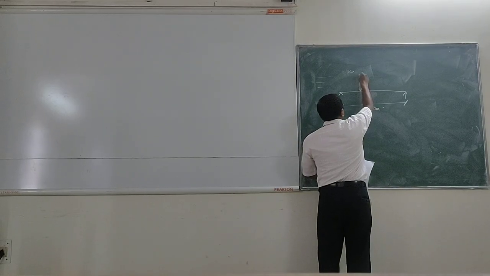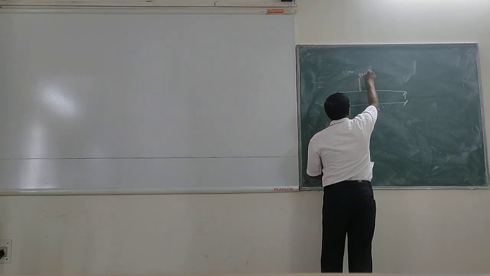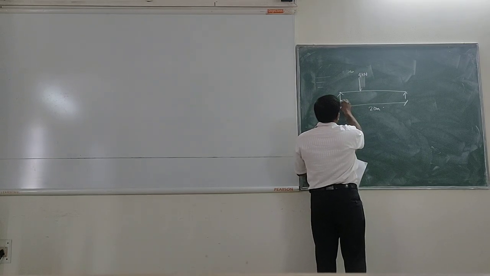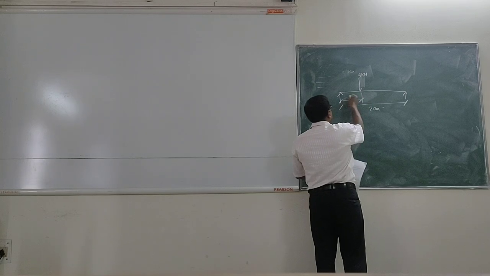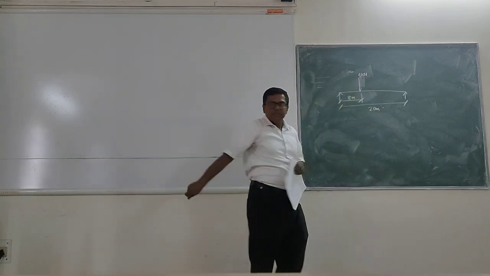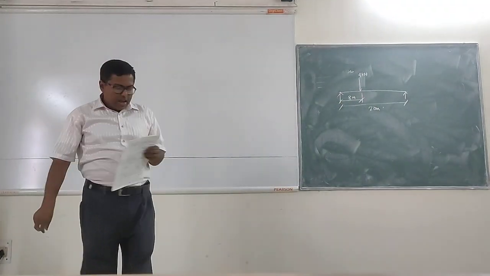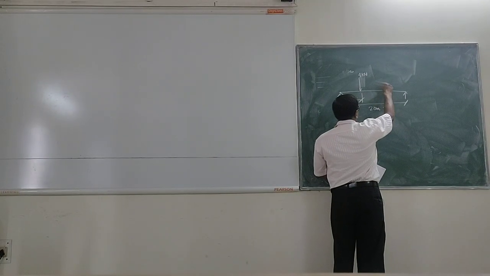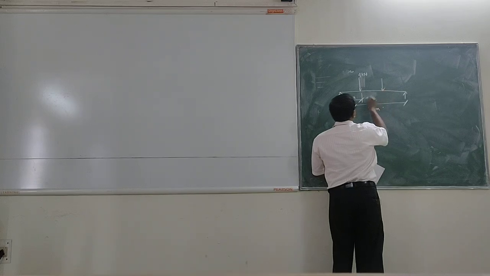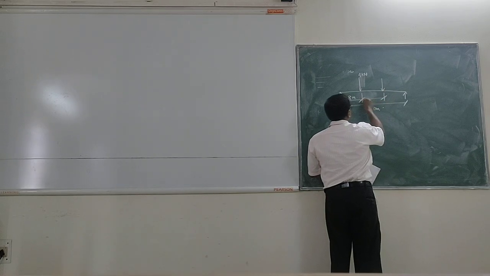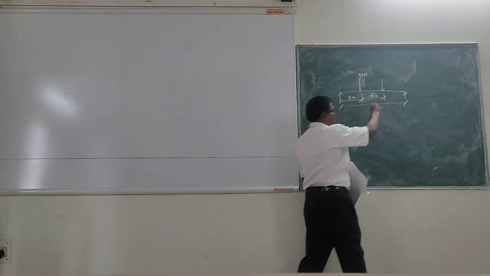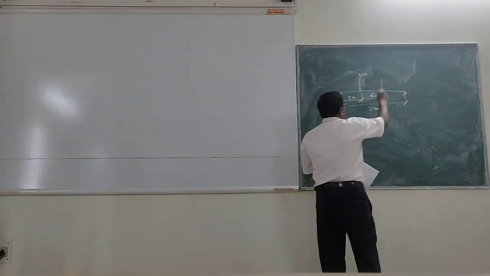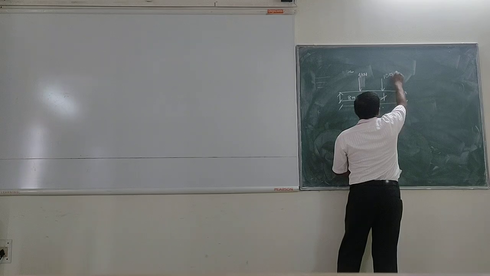The first load is a 4 kilonewton load, placed at a distance of 8 meter from here to here. And the second load is placed after this 8 meter, another 4 meter, and the second load is 10 kilonewton.